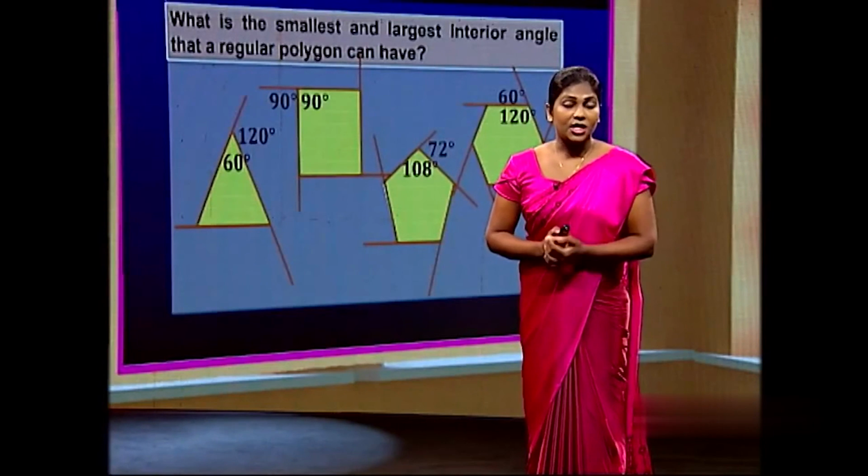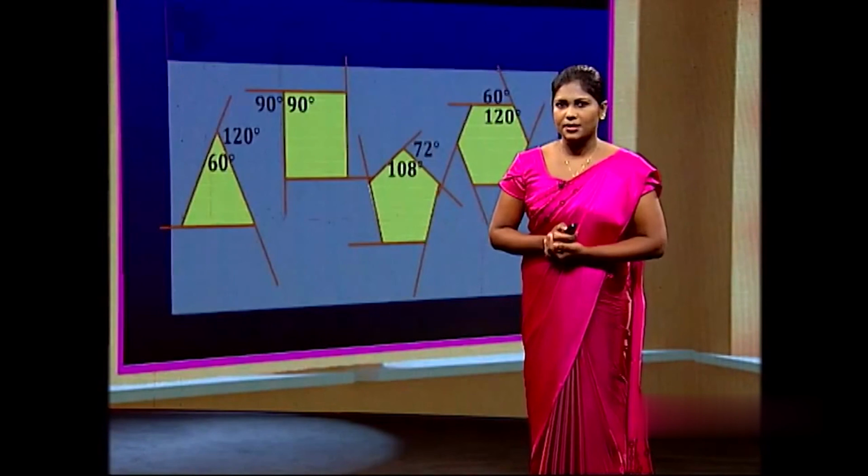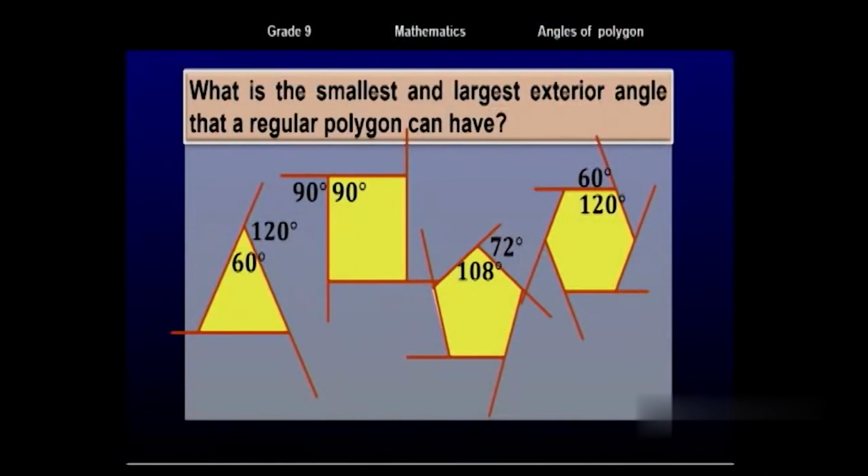Now you can note down that question. Okay, children, this is the last question. What is the smallest and largest exterior angle that a regular polygon can have? Again, write down this question.